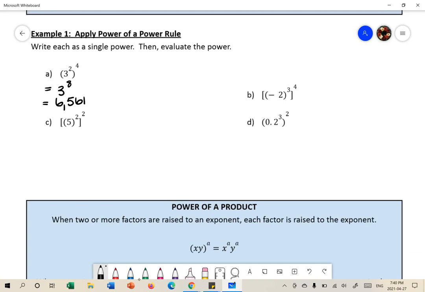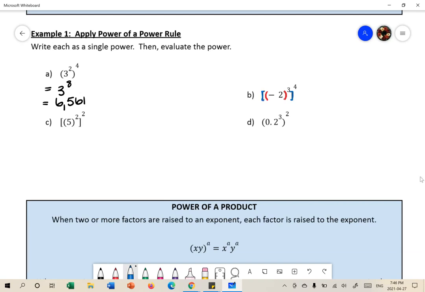Next, we have brackets inside of brackets. So the inner bracket is indicating the base. The base is -2 raised to 3.